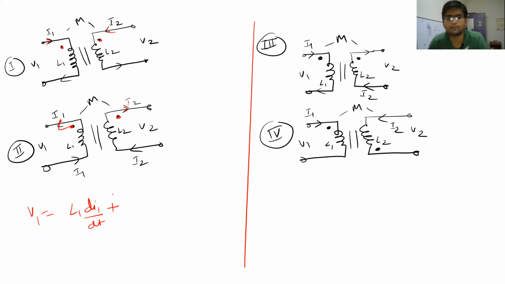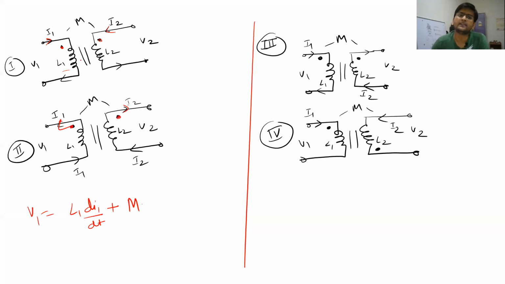Why am I taking the plus sign for mutual inductance? Because in the dot convention, for both the dots the current is either entering or going out. So for both these circuits 1 and 2, we will have V1 equal to L1 di1 upon dt, you know the voltage across an inductor is L di by dt, and plus the mutual inductance M.